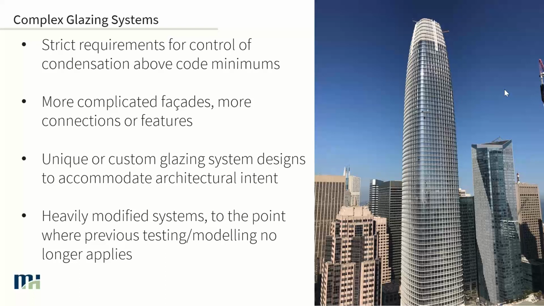And with that idea, you're using maybe custom systems or something else to accommodate that architectural intent. It may be a new type of system, or it may be something that's heavily modified to work for a specific project. But really, it's to the point where any previous modeling or testing for those systems may not actually be applicable anymore.